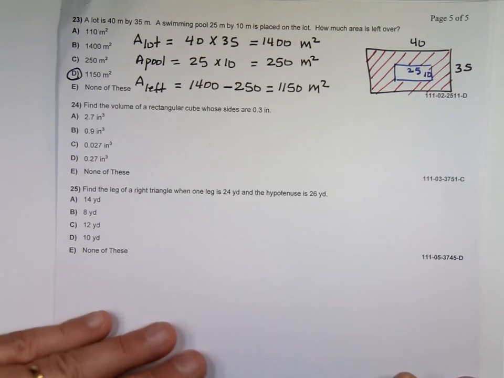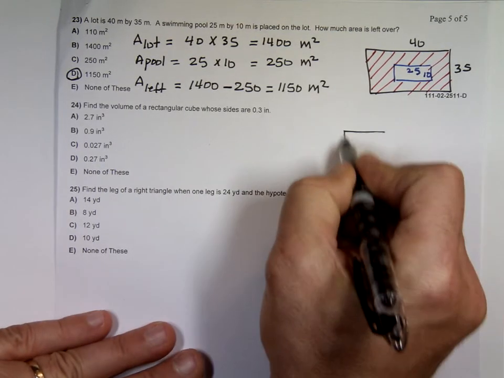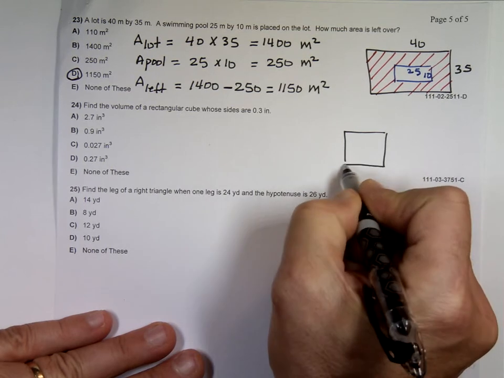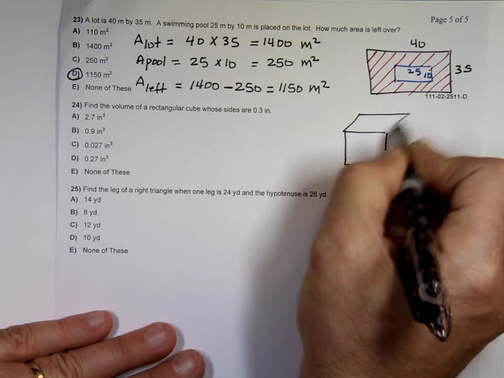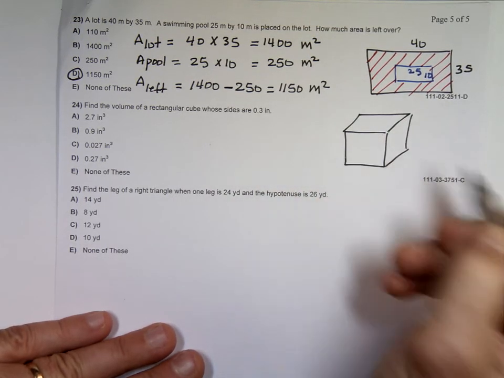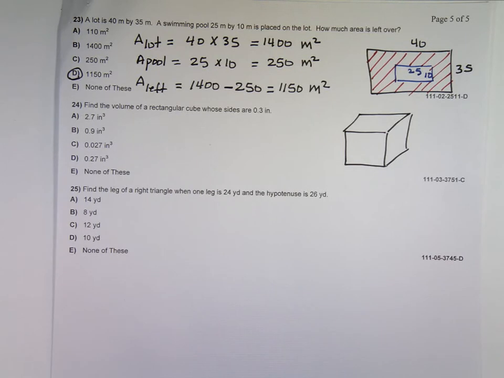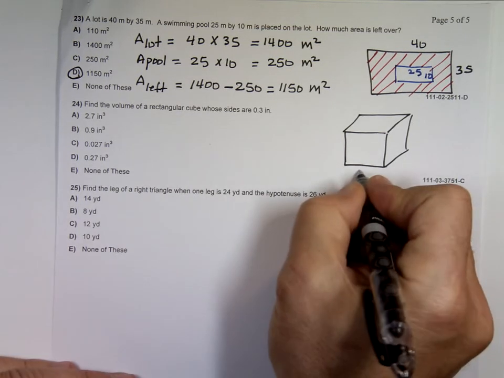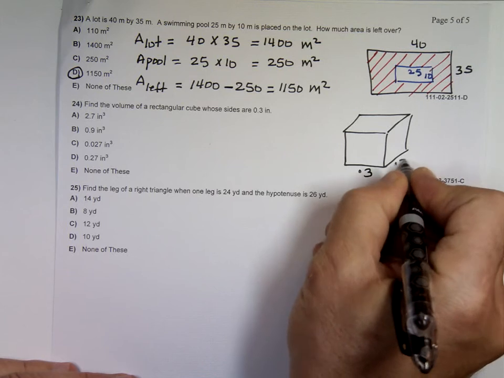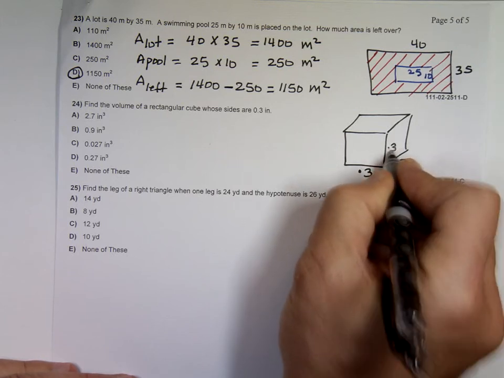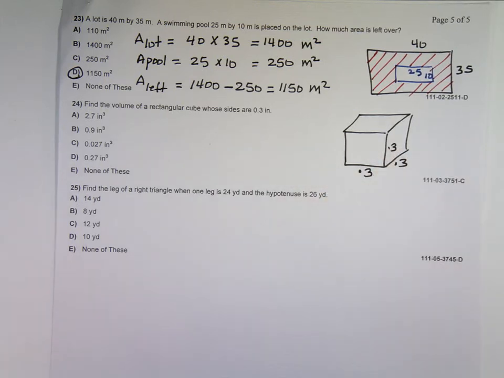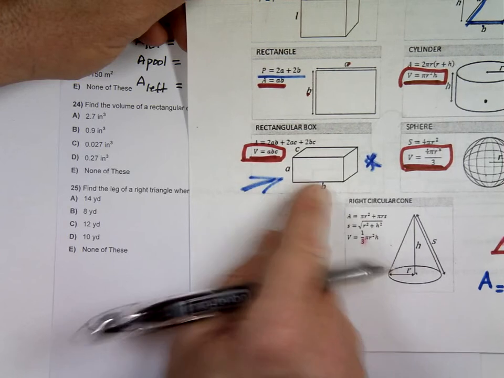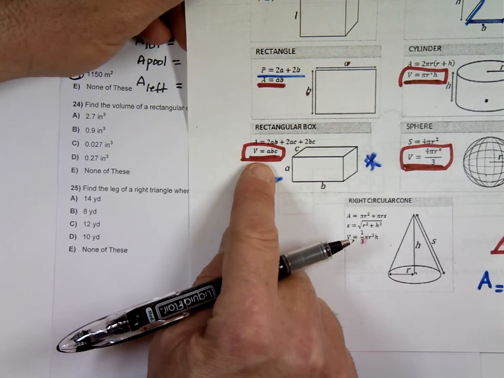Number 24. We have a cube that looks like this. Cube means all sides are equal, and each side is 0.3. That means this is 0.3, 0.3, 0.3. What is the volume of a shape like that? Multiply the three sides according to this equation: length times width times height, A times B times C. It says right here.